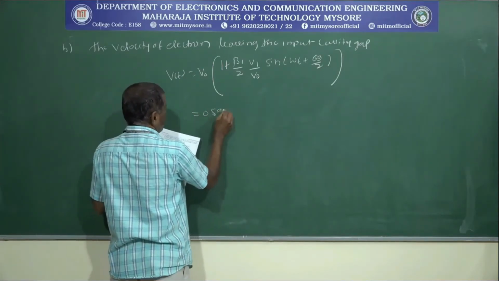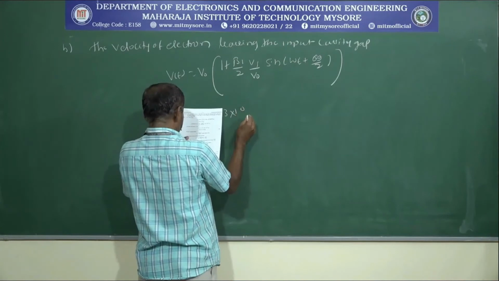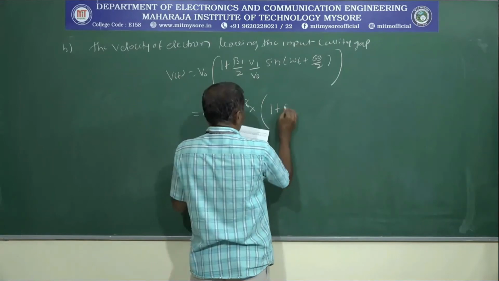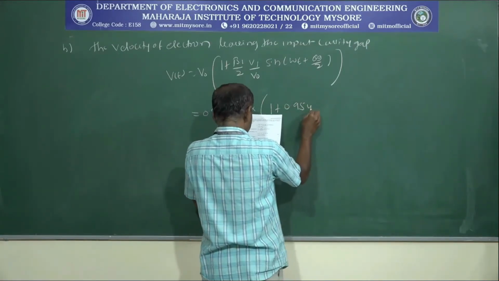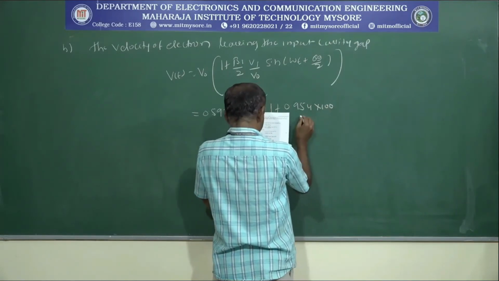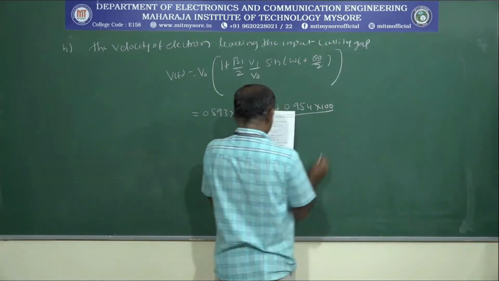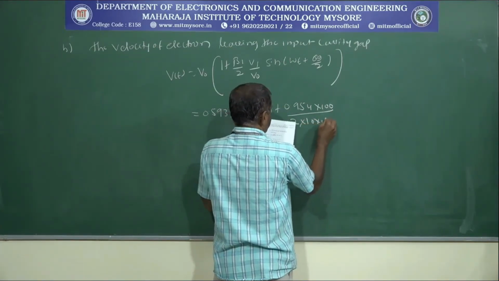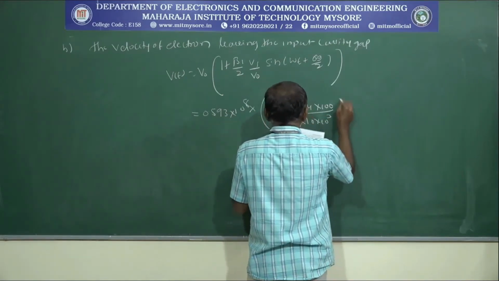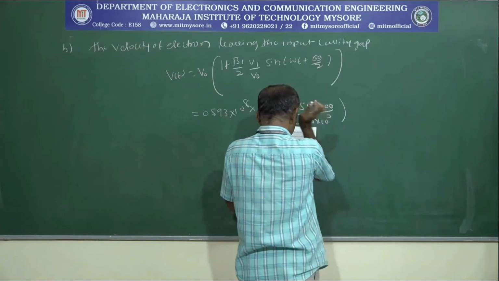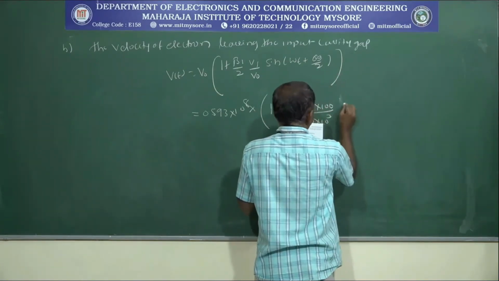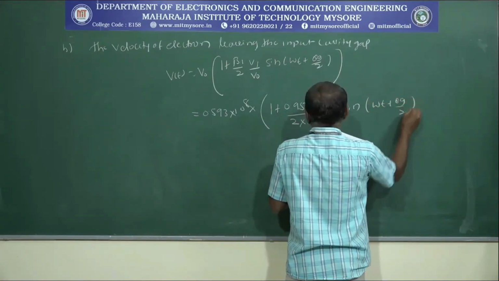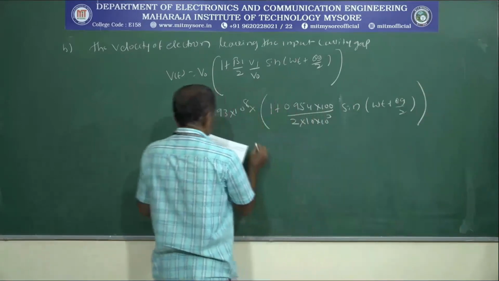So in this, go on substituting the values: 0.593 into 10 to the power of 8 into 1 plus 0.954 into 100 divided by 2 into 10 into 10 to the power of 3 into sine of omega t plus theta g divided by 2.